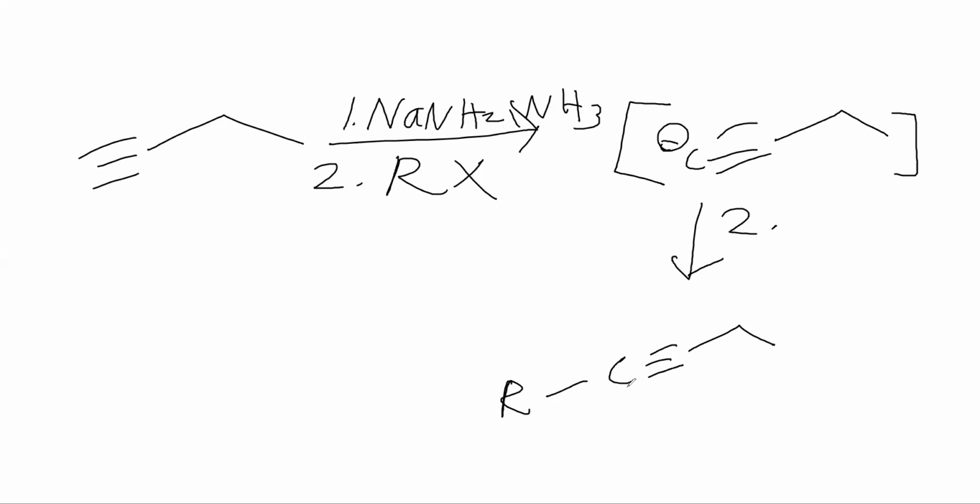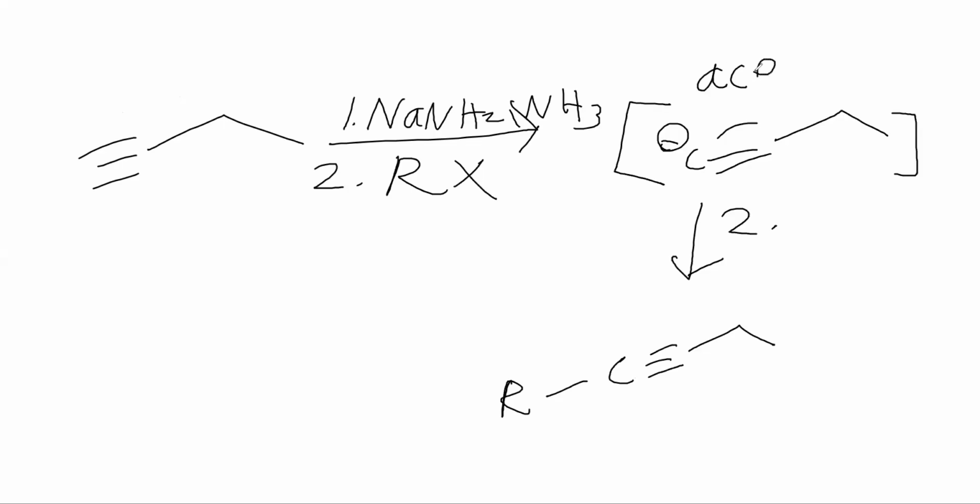That's pretty much all the alkyne reactions. One last note I want to make before we end this. That last reaction I just went over, this is an acetylide anion.